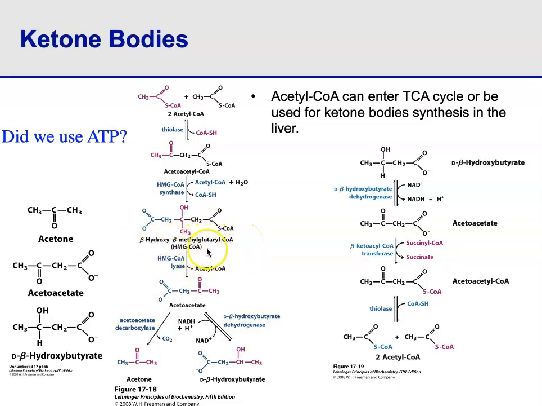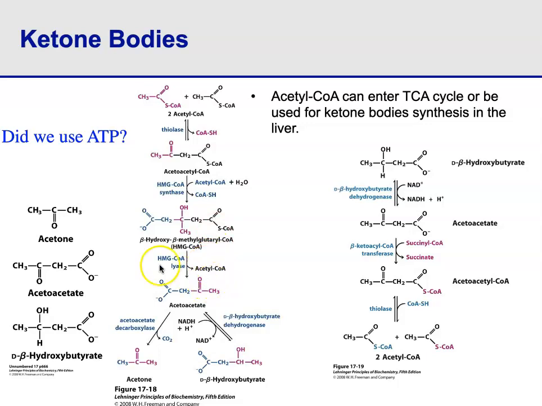So HMG-CoA, then an acetyl-CoA is removed and we end up with acetoacetate. The difference between acetoacetyl-CoA and acetoacetate is just that CoA group. So what happened so far? We condensed 3 molecules of acetyl-CoA and then removed 1 acetyl-CoA to end up with acetoacetate. And of course, in the process, we remove 2 molecules of CoA.